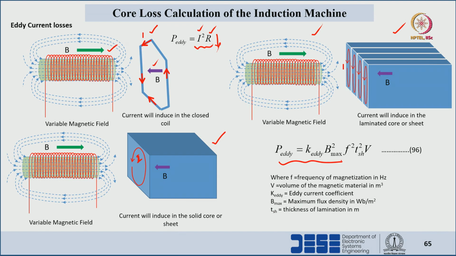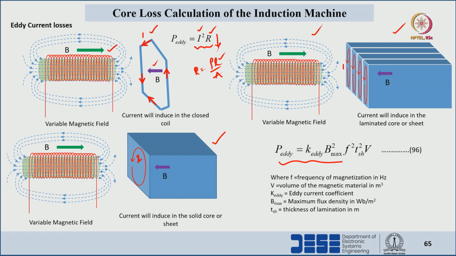The eddy current loss equation we can derive from the I square R loss equation only. Here R is nothing but rho L by A, with the area of the magnetic material, the length of the material, and the resistivity of the material.